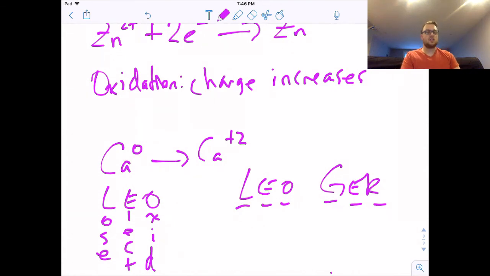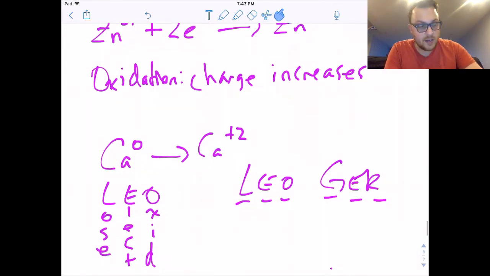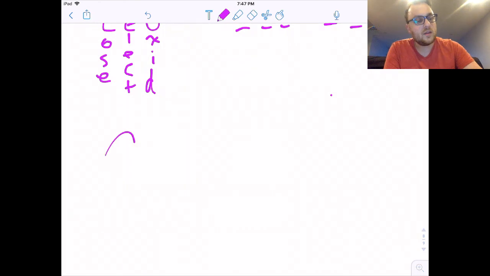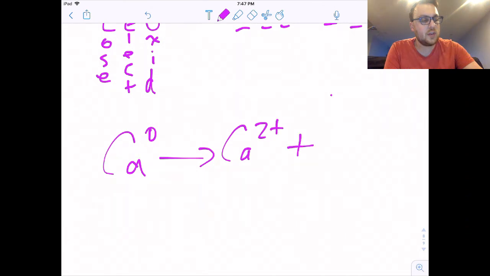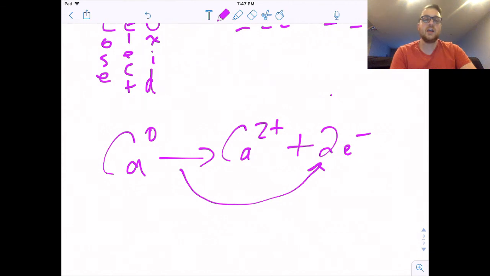So, how can you show electrons being lost? Well, take your calcium charge 0 and show it losing 2 electrons by showing it on the right-hand side of your chemical reaction. Wait a minute. Why are you saying +2e negative if they're being lost? Well, the right side of the chemical reaction typically means things are being produced.